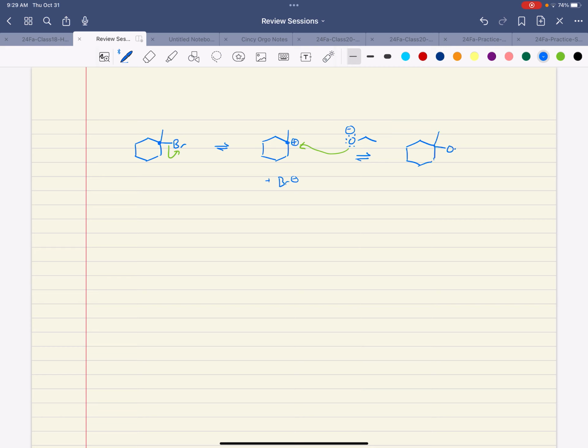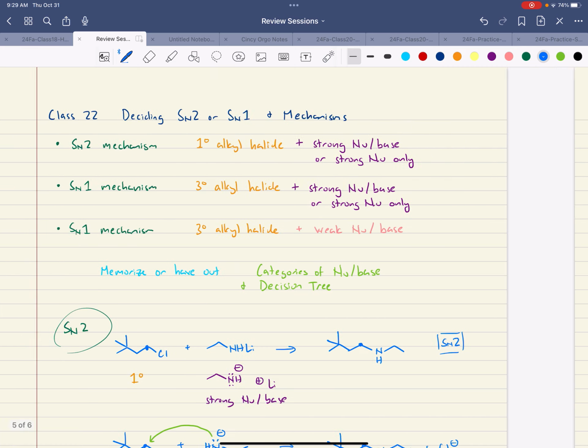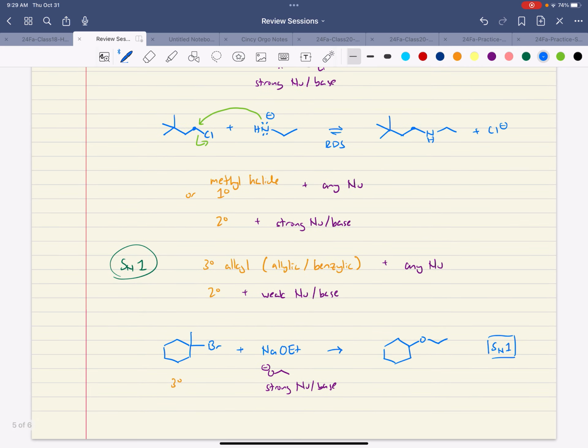And we have this. You should know that if you thought this was SN2, you would still get the same product. It just goes through a different pathway. So just double check that is your ether.